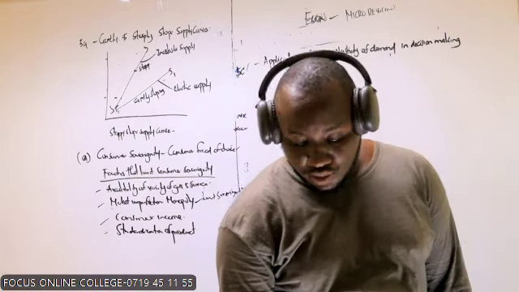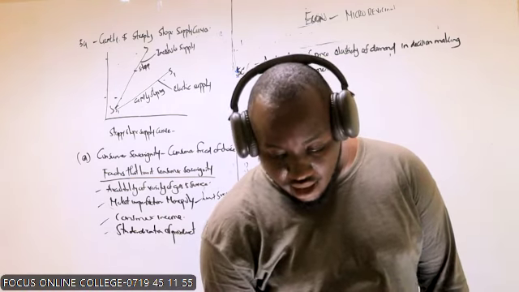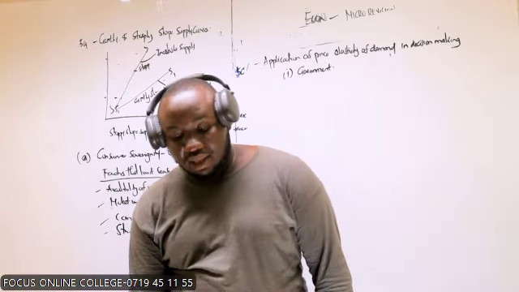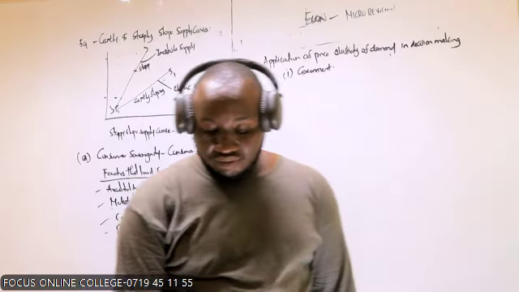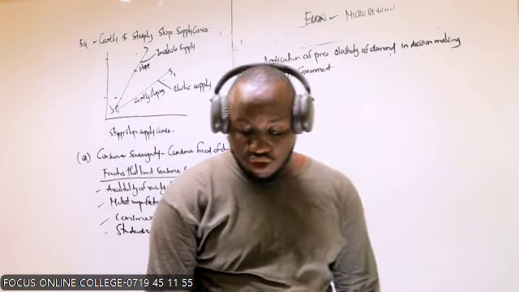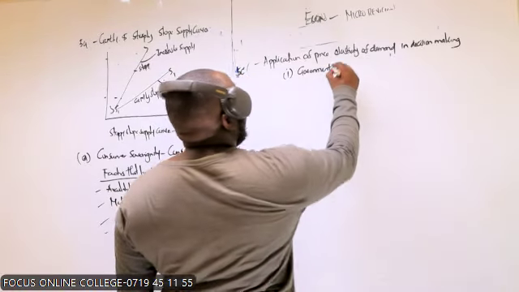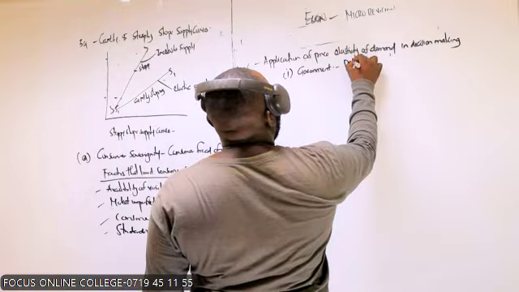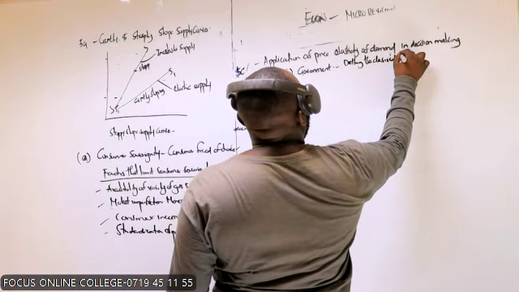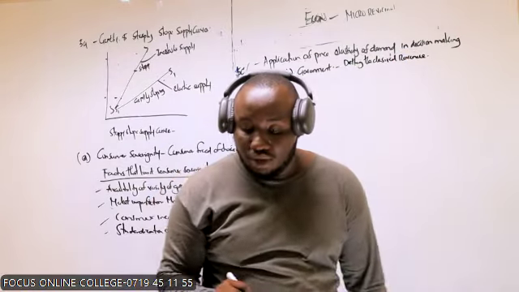The government gets its desired revenue. That is the application of price elasticity of demand in decision making: getting the desired revenue. And how does that come about?